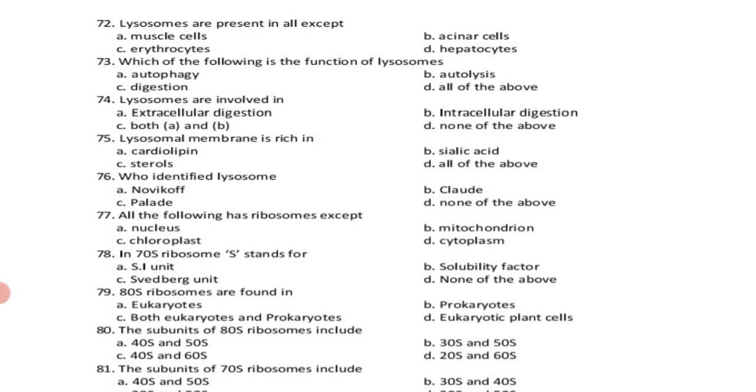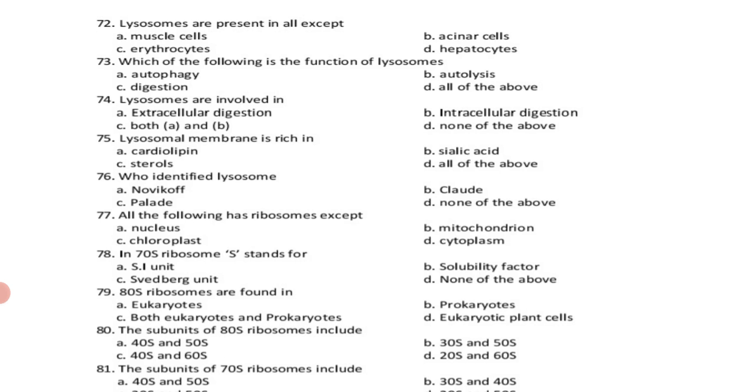So option D, all of the above, is the answer of question number 73. Then question number 74, lysosomes are involved in extracellular digestion as well as intracellular digestion. So option C is the correct answer of question number 74.